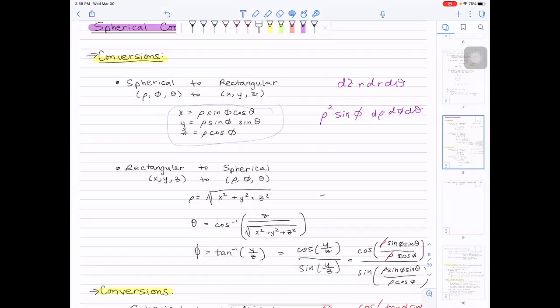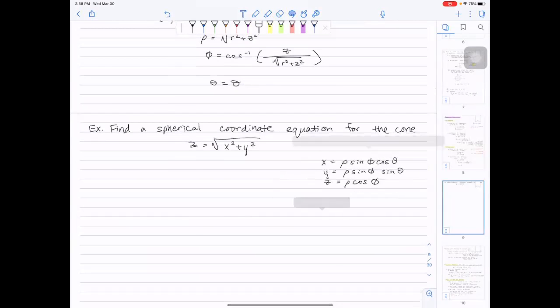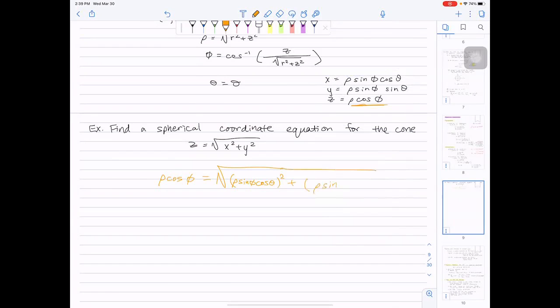So let me copy them over here. We know that z equals square root of x squared plus y squared. In our normal coordinate plane, this is a cone. What if we plug in z? We substitute rho cosine phi for z, and we substitute x as rho sine phi cosine theta, squared, plus y, which is rho sine phi sine theta, squared.